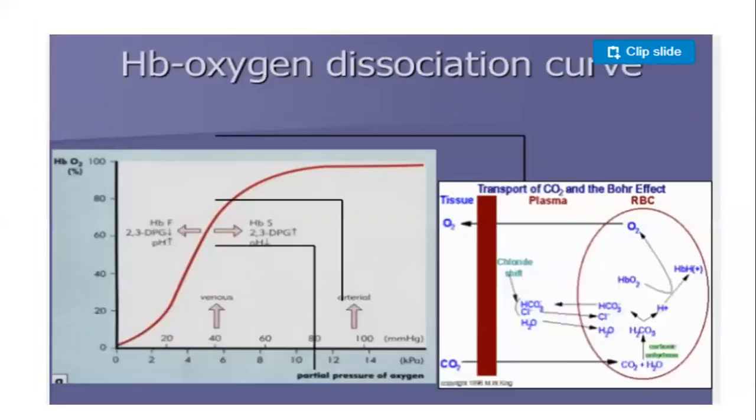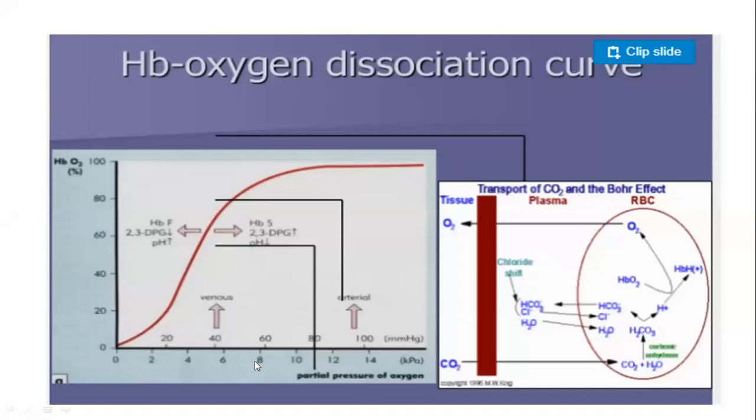I think this is demonstrated in this diagram, the hemoglobin oxygen dissociation curve, which, as I said, is S-shaped. You can see an S-shape here, where the Y-axis is the oxygen saturation of hemoglobin, while the X-axis is the partial pressure of oxygen.